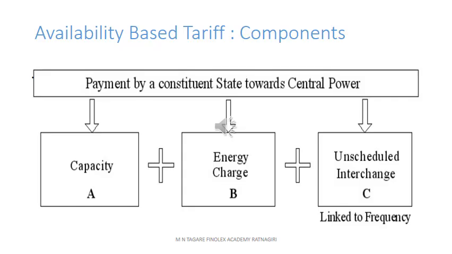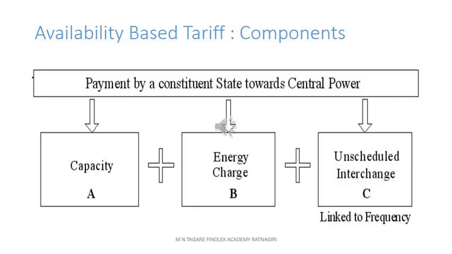They might generate some additional power, or they might not generate the required power. On the other hand, the distribution company has agreed to purchase X power, but may require X plus 1 or X minus 1 power. In this case, it's very interesting. This is called unscheduled interchange.